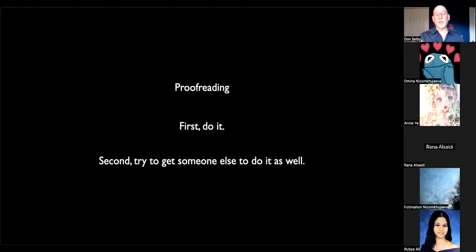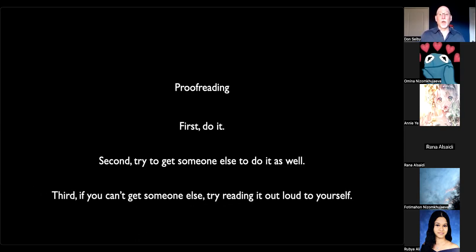So that's my second piece of advice on proofreading. If possible, get someone else to read it, and get them to read it far enough ahead of time that you'll have the opportunity to incorporate any revisions that you need to incorporate after this person has given you feedback.